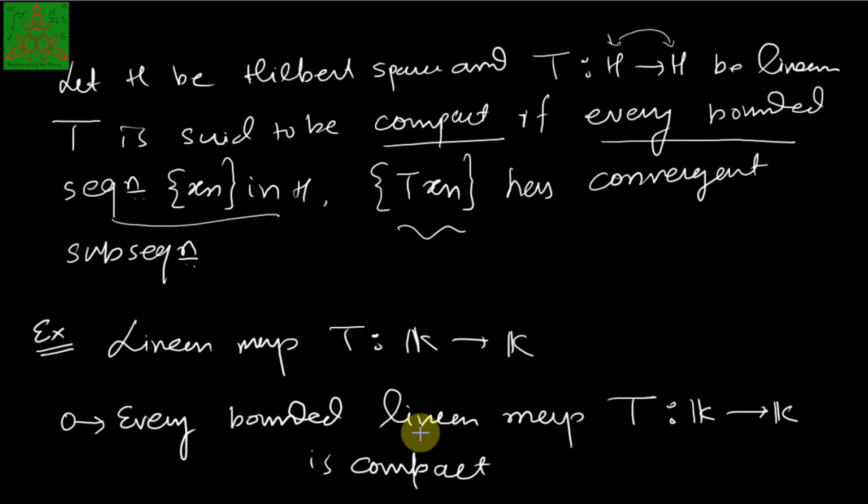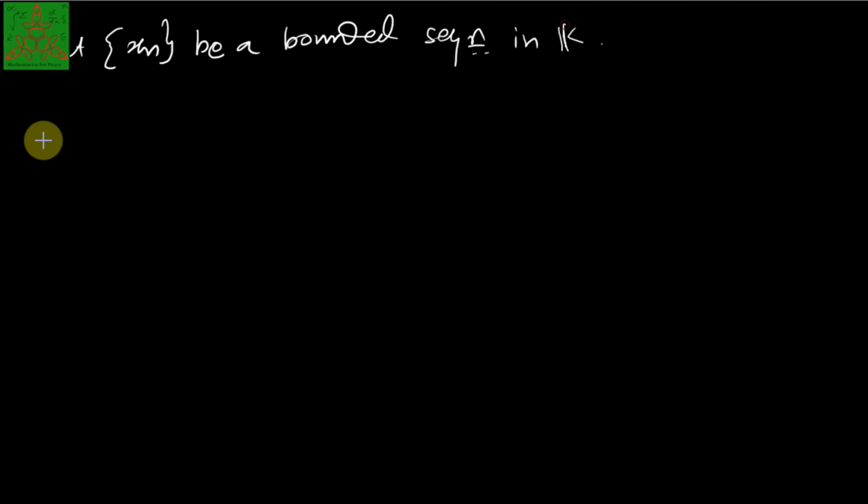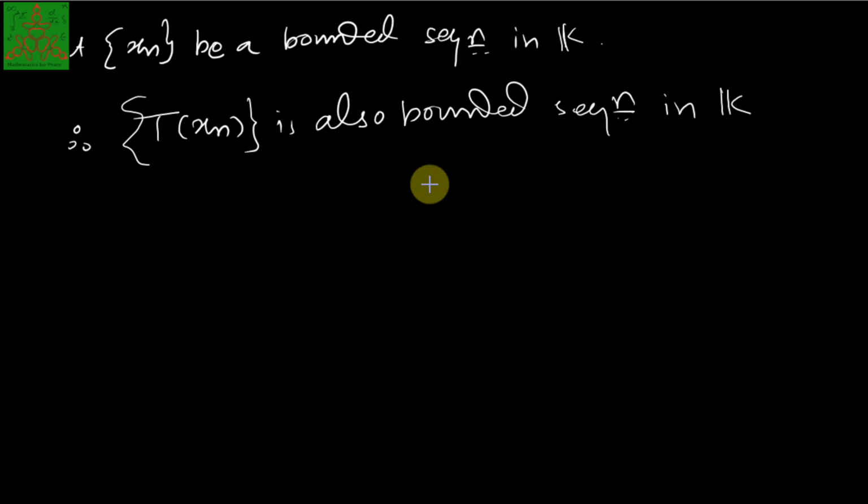To prove this statement, I need to take one bounded sequence in K and see what the image of that sequence is. Will it have a convergent subsequence? Let Xn be a bounded sequence in K. Therefore, T of Xn is also a bounded sequence in its codomain because T is bounded.